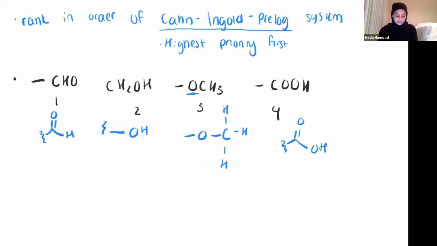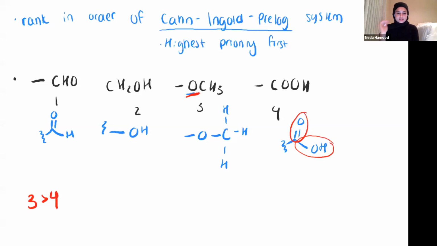And we know in this one, since this one is bonded to an oxygen, we automatically know that that one is going to win. So we have 3 comes first. And then after that, we are going to have 4, since this is double bonded to an oxygen, and it also has an OH on it, so that has the most amount of oxygens.